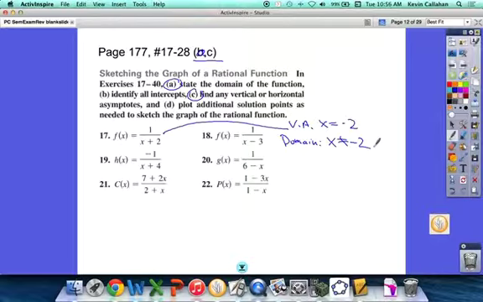And then do you remember what the rules were for finding horizontal asymptotes? Now is where it comes into the powers. Remember, what was the horizontal asymptote when the denominator had a higher degree than the numerator? 0. Right?